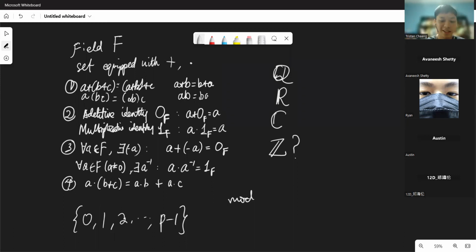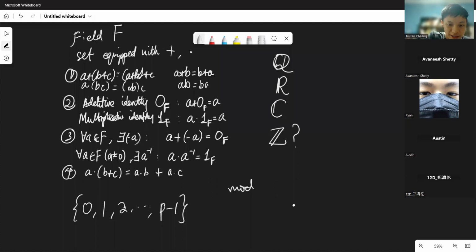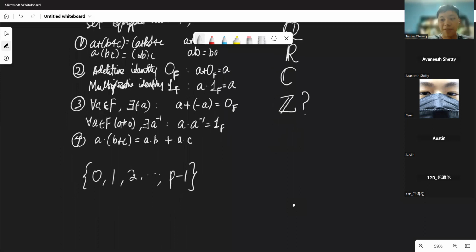So let's say I take mod p addition and mod p multiplication. And also for clarity, let's just rename everything here to be 0 bar, 1 bar, 2 bar, p minus 1 bar, just to emphasize that we are not talking about integers here.